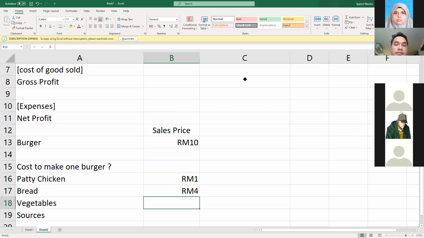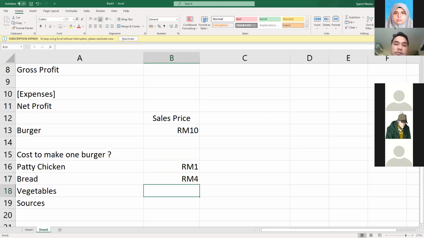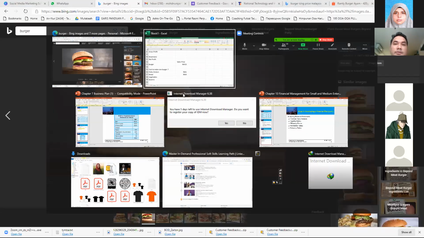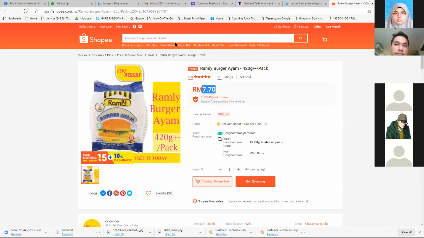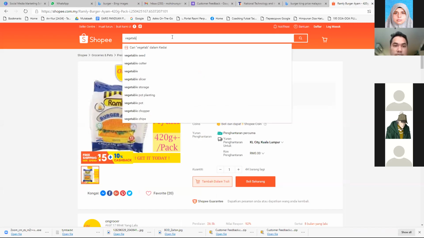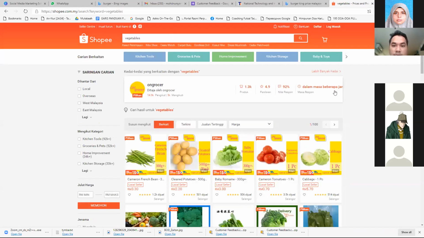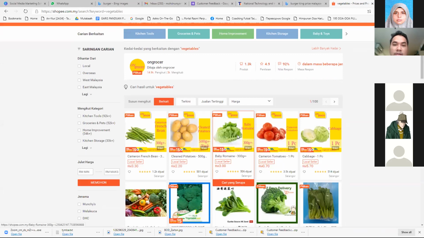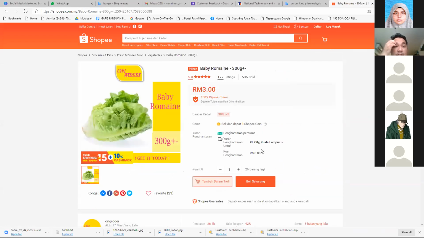Okay, the vegetables and sauce. For example, for the vegetables, see, 3 ringgit for 300 gram. But when you make a burger, you don't put everything, all this vegetable, right?